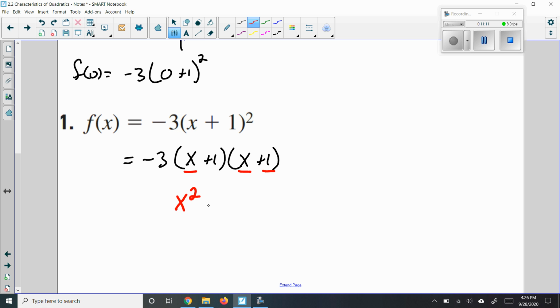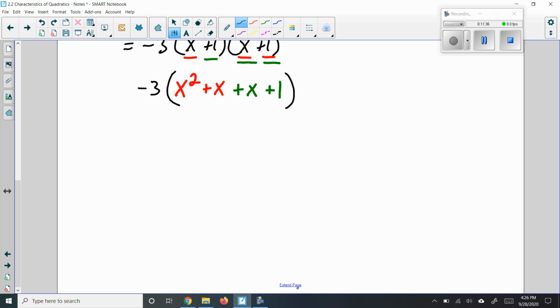X times 1 is plus x. 1 times x is plus x. And 1 times 1 is plus 1. Now that is just these two parentheses multiplied together. We still have this -3 out in front.